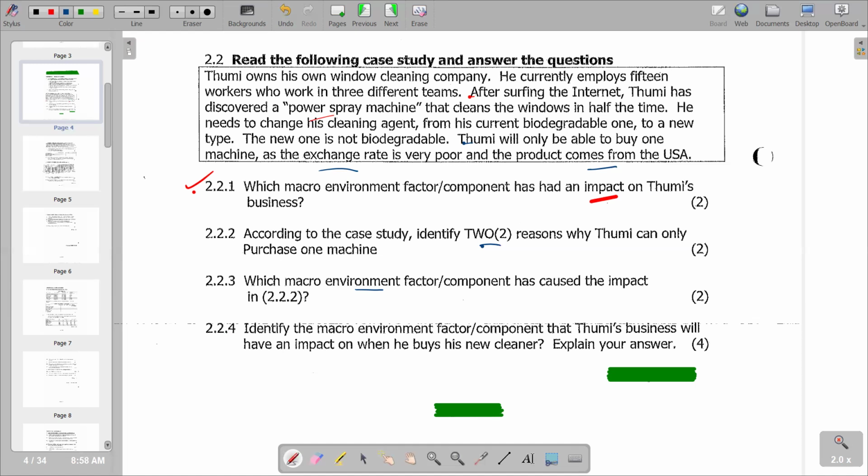The exchange rate led to a change in the consumer behavior of TUMI by purchasing only one machinery, so it falls under economic environment. So we are just going to state economic environment for 2.2.3.